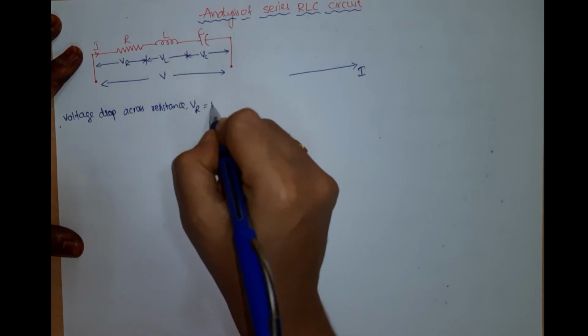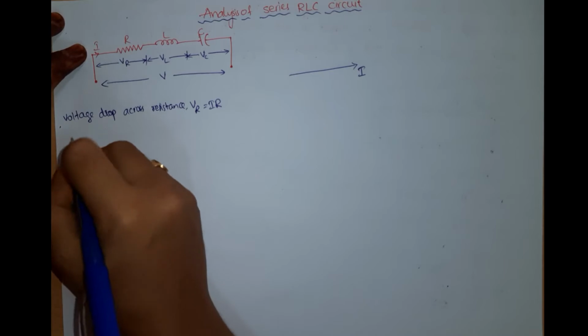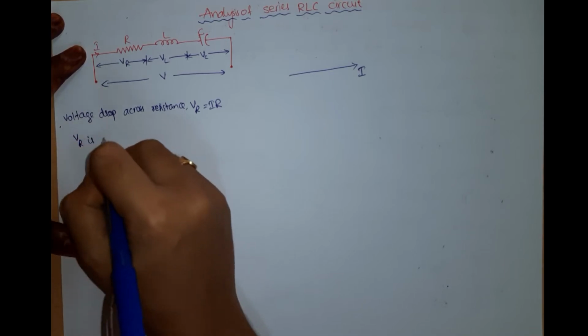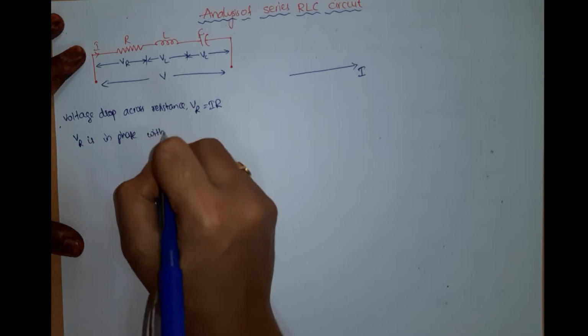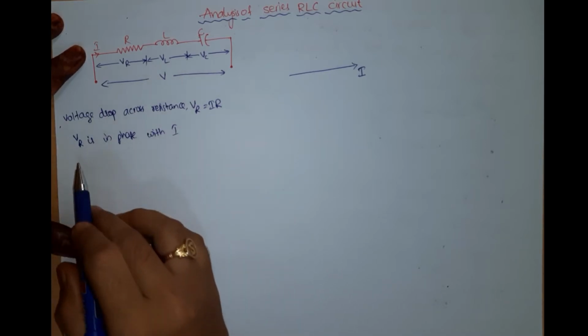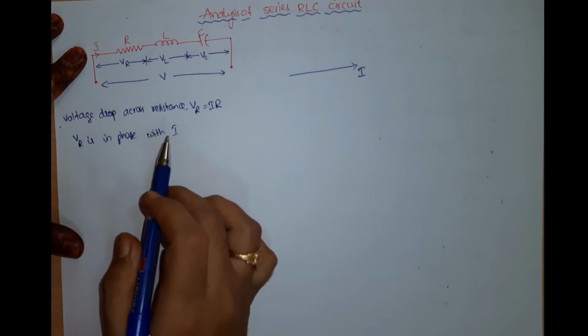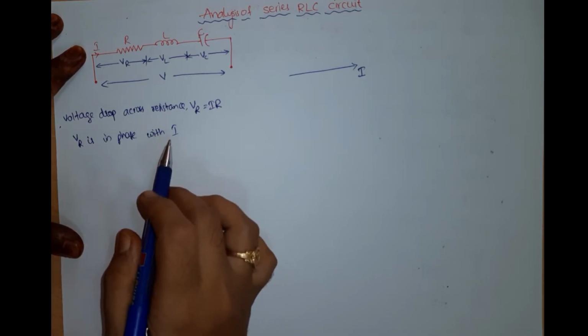VR is nothing but IR. So VR is in phase with I. We know that voltage across a resistor is in phase with the current through the resistor, that is I.